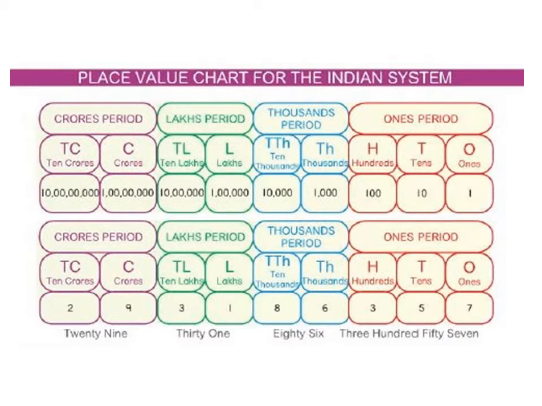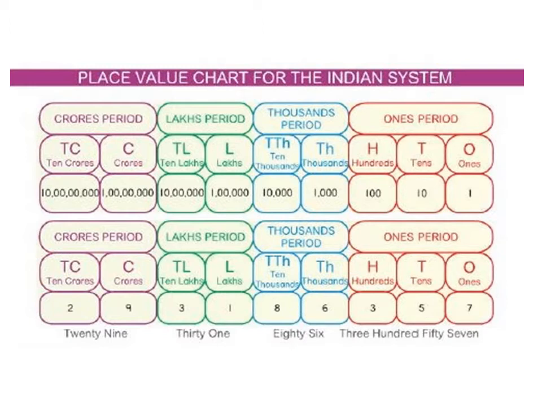So a quick revision: the place value chart for the Indian system. In the Indian system, as I explained in the last video, the periods or the commas were put first. Count the digits from the right hand side, count 3 digits and the first comma will come there. Then count 2 digits, another comma will come there.